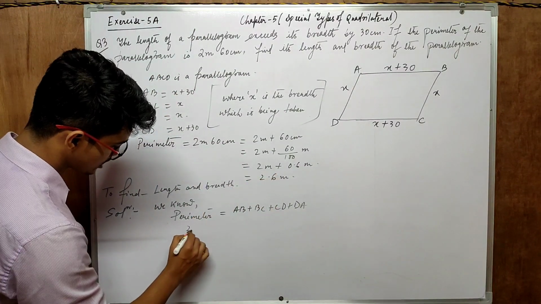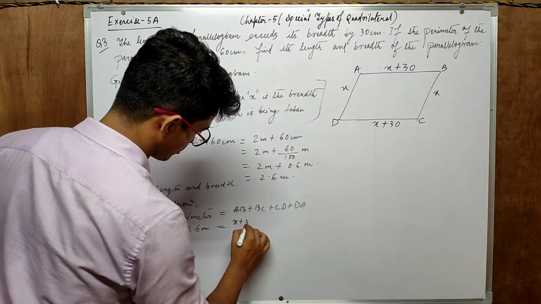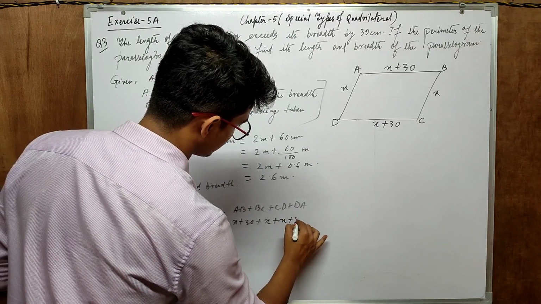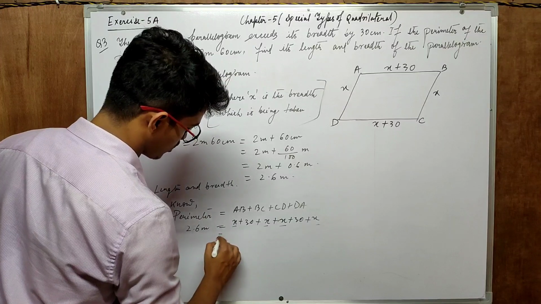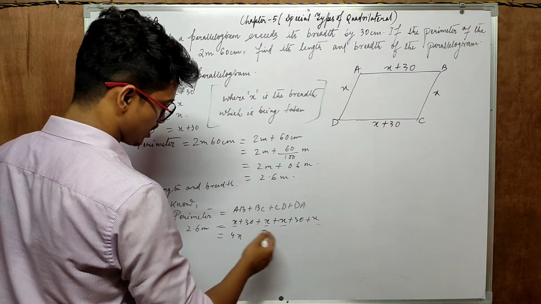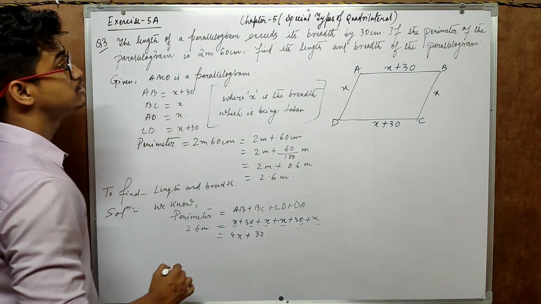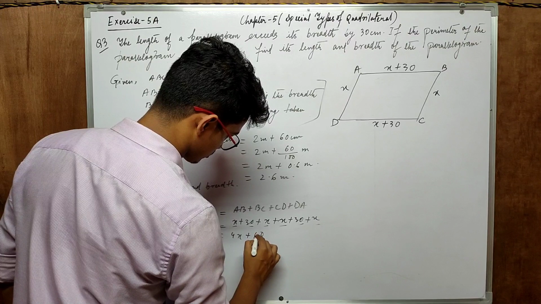It is given that it is 2.6 meter. So AB is x plus 30, plus x, plus CD is x plus 30, plus x. How many x are there? 1, 2, 3, 4. So 4x. And the remaining part is 30 and 30, that is 60 centimeter.